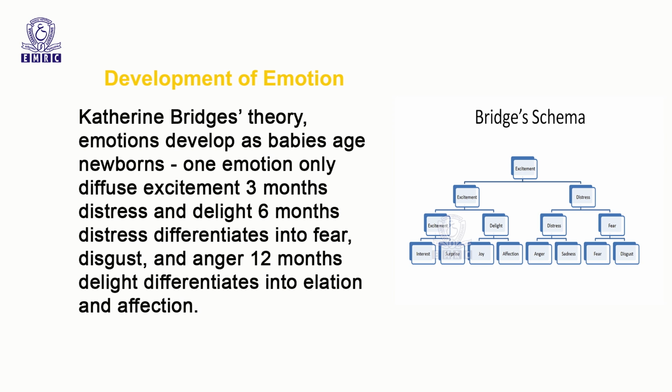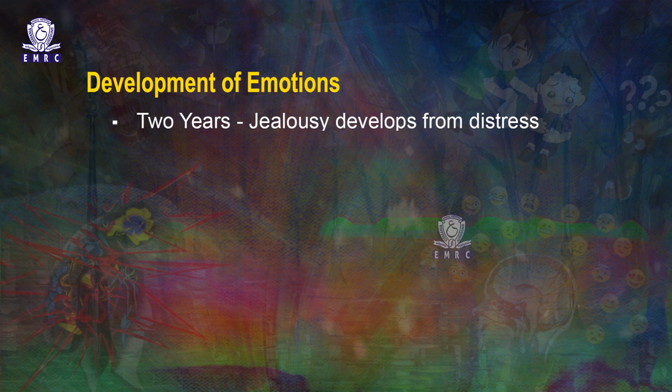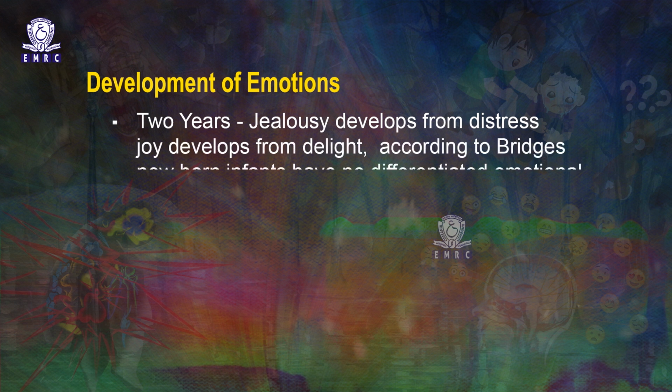At 3 months of age, a baby learns to develop excitement, followed by distress and delight at 6 months, and distress differentiates into fear, disgust, and anger at 12 months, moving on to delight differentiating into elation and affection. At 2 years, jealousy develops from distress and joy develops from delight.